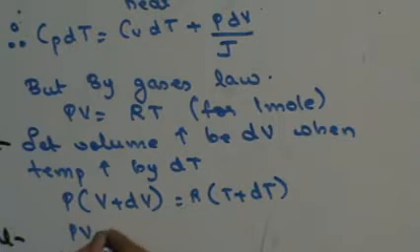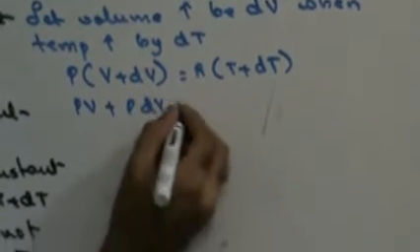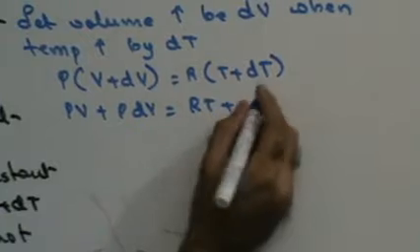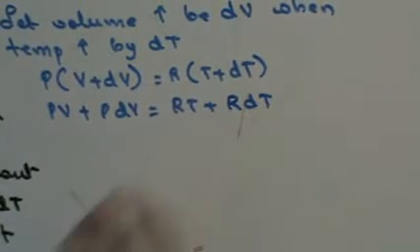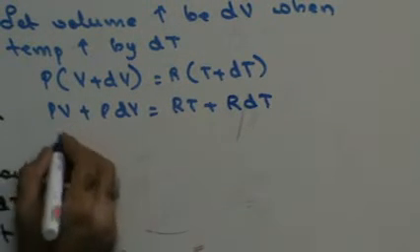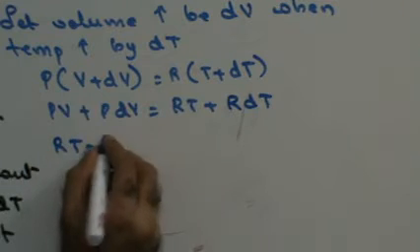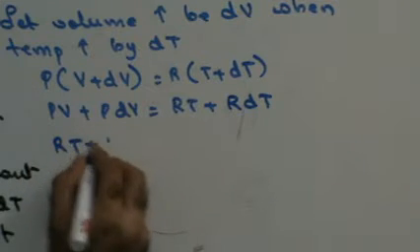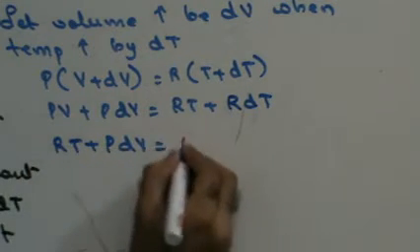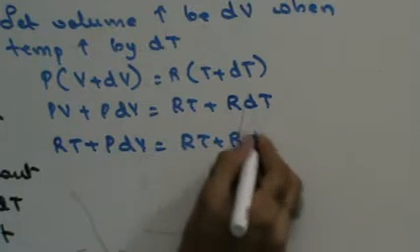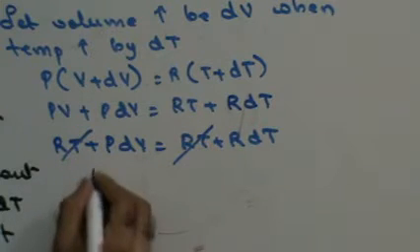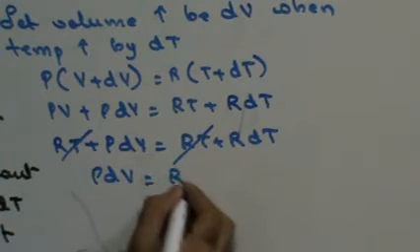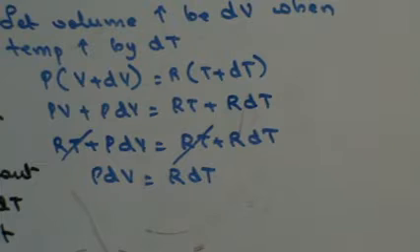So you will get PV plus P dV is RT plus R dt, right? Now, PV we said is nothing but RT, so PV plus P dV is RT plus R dt, RT gone, so I'll get P dV is R dt, right?